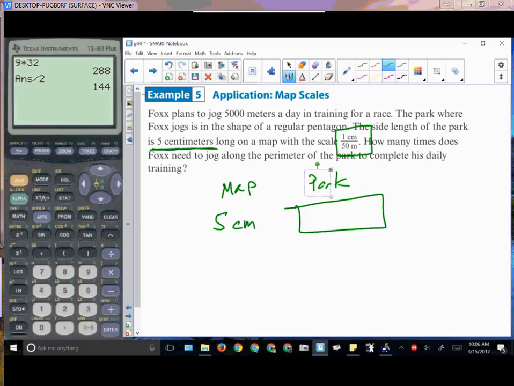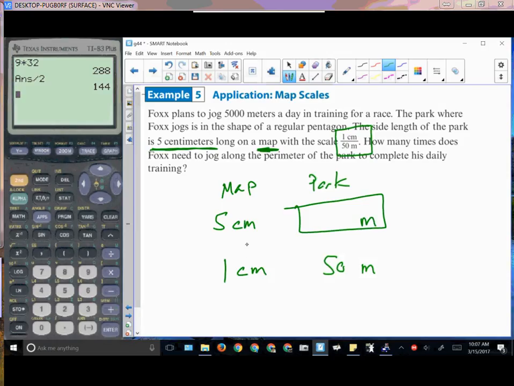The length of the park is 5 centimeters on a map. So would the 1 centimeter go here? Yes or no? Would the 50 meters go here? By the way, what label would I have to have in the park now? Meters. Good.